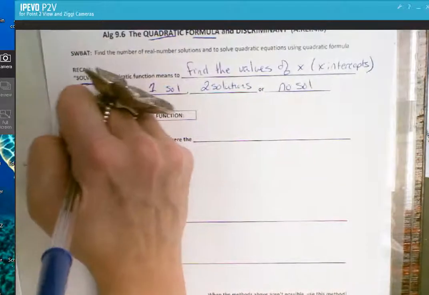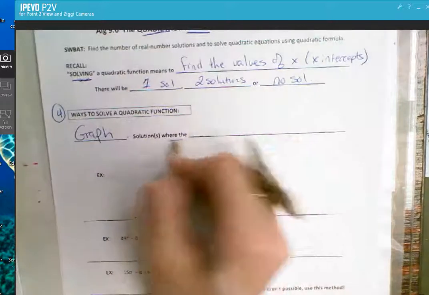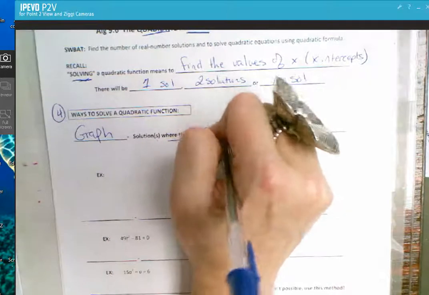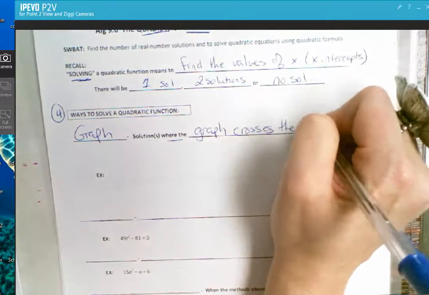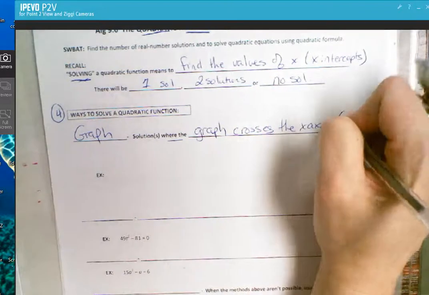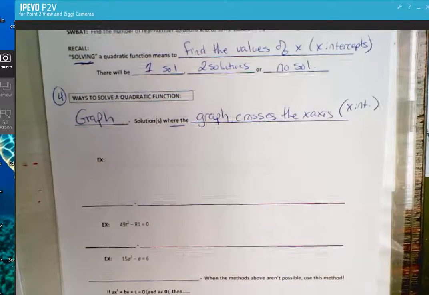We can graph it. The solutions are where the graph, the parabola, crosses the x-axis. These are your x-intercepts. Those are the solutions when I graph.